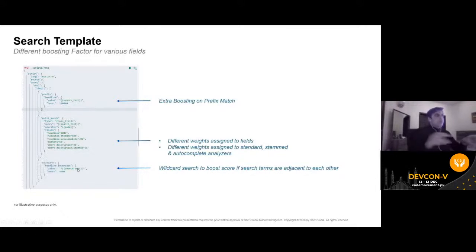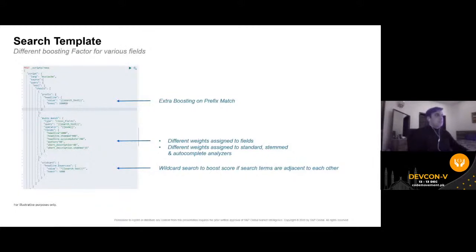However, if good and morning are separated by some other words, then this would not come into effect. Likewise, if good morning exists somewhere in between that headline, then this boosting will not come into effect and the search would be performed by the middle segment only. So that's how you can tweak your search template.